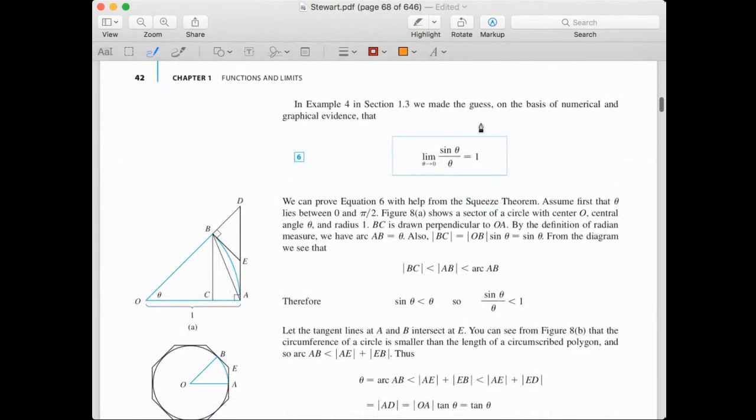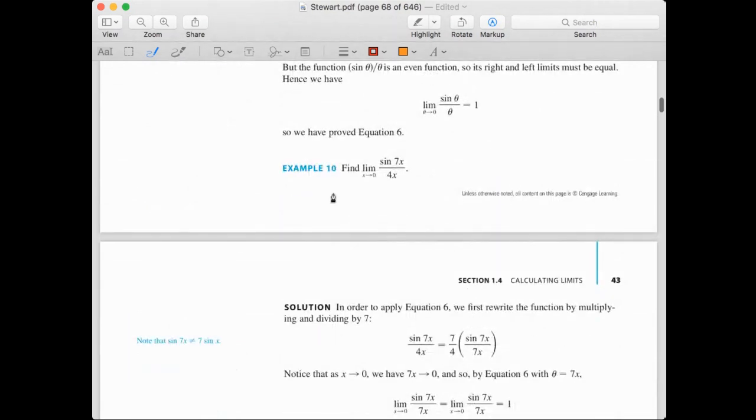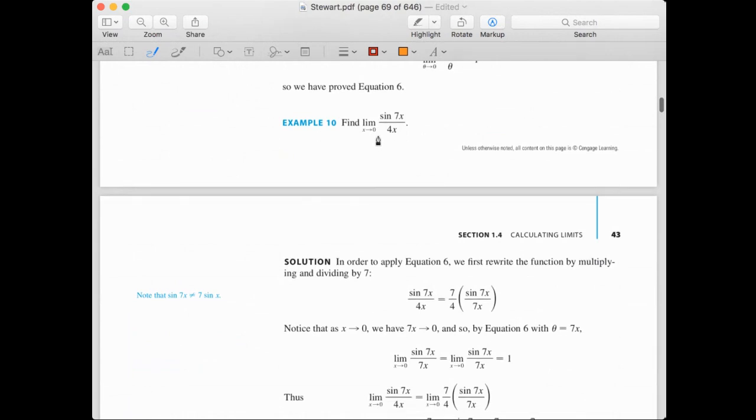Again, this identity, right? Try to use this identity. Or let's see this example. Example 10. We try to find the limit as x approaches 0 of sine 7x over 4x. What's missing? The angle is 7x, which is missing in the denominator.